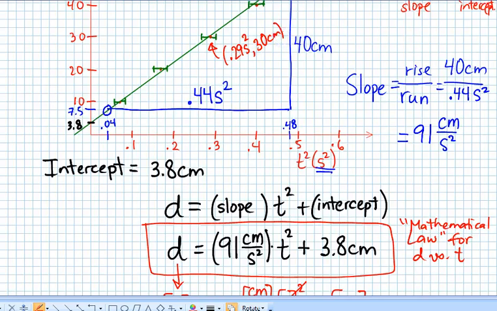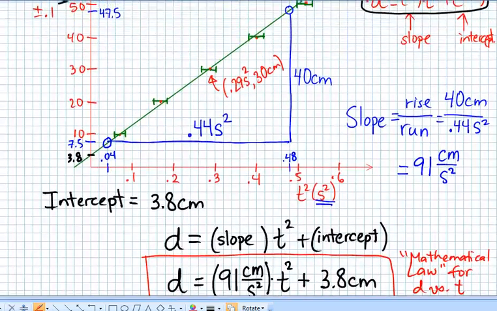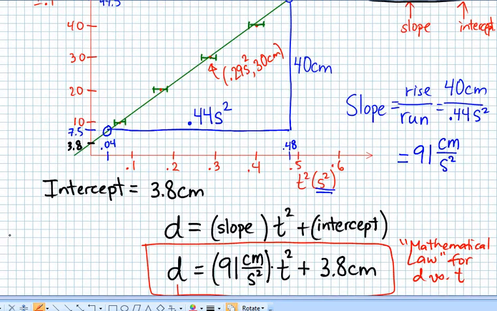Okay, so if we just check this, is 30 centimeters equal to 91 times 0.29, because that's what t squared is, plus 3.8? So 91 times 0.29 plus 3.8, and that's 30.2, so I'd say that's close enough.